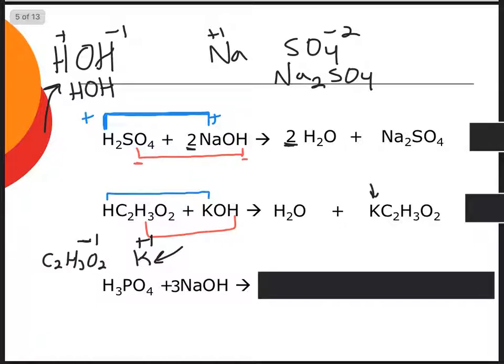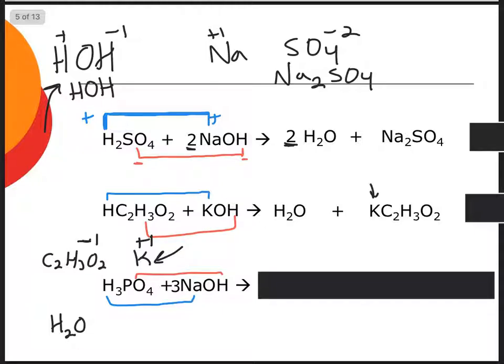Last example, H3PO4. We know that as phosphoric acid is being combined with sodium hydroxide. Let's swap our positive ions, and we will swap our negative ions. So hydrogen will combine with hydroxide to form H2O or HOH. And then phosphate.